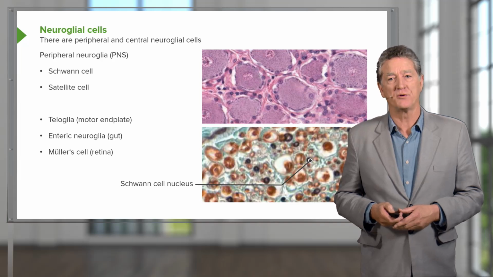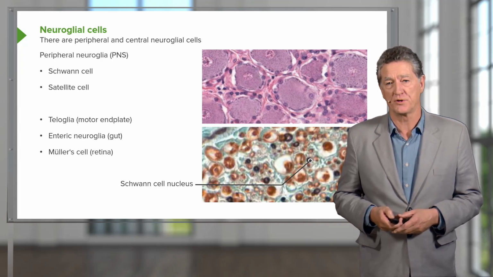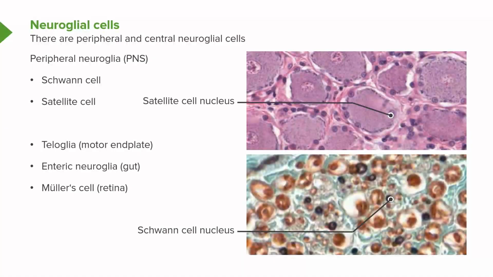But there's the Schwann cell nucleus shown in this section, and this Schwann cell nucleus is responsible for myelination in peripheral nerves. And there's the satellite nucleus, part of the supporting cells around the big stained ganglion cell you see in the top image.